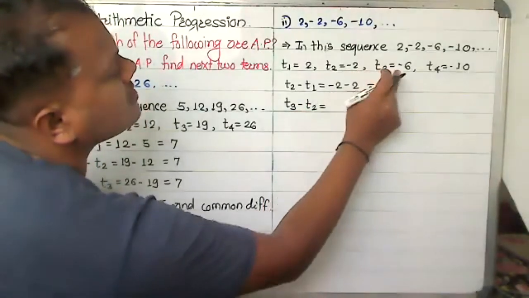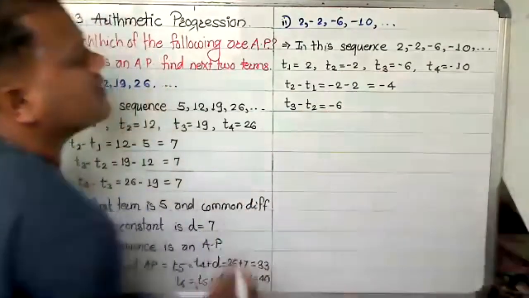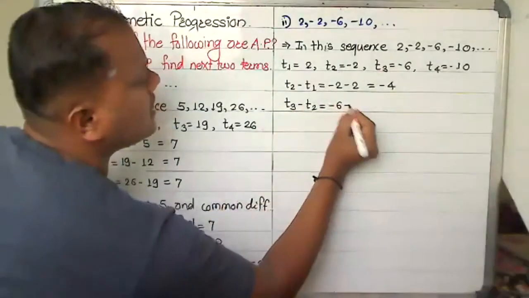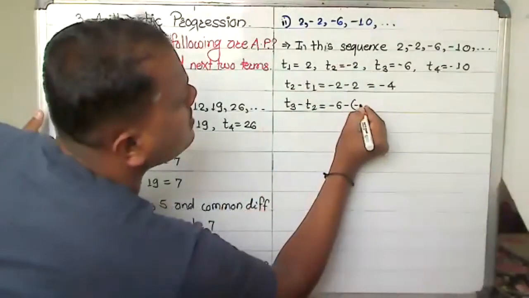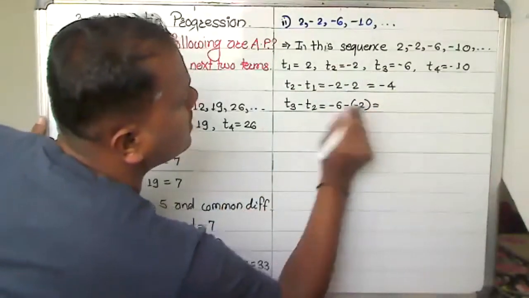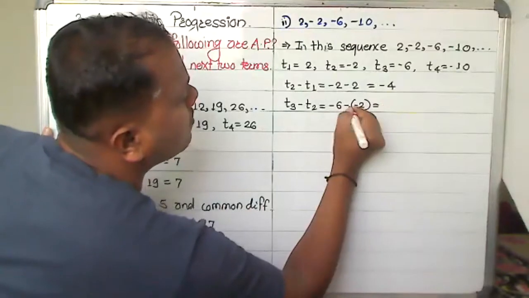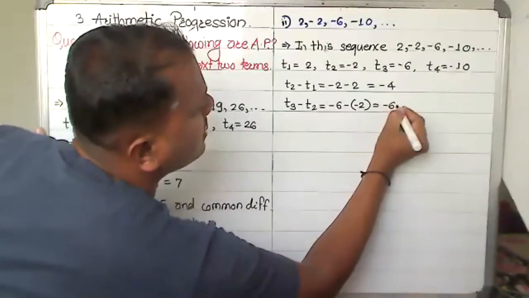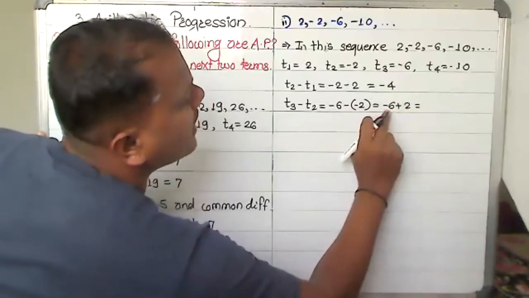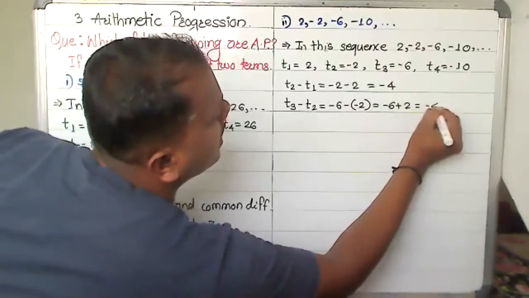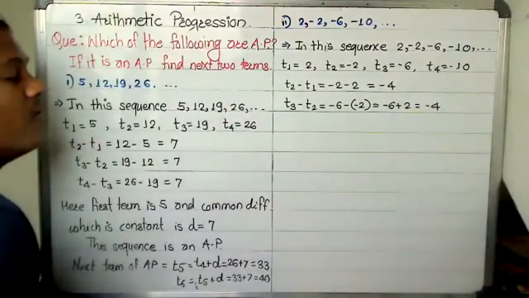Again, T3 minus T2: the value of T3 is minus 6, minus the value of T2, which is minus 2. Minus minus becomes plus, so minus 6 plus 2 is again minus 4.